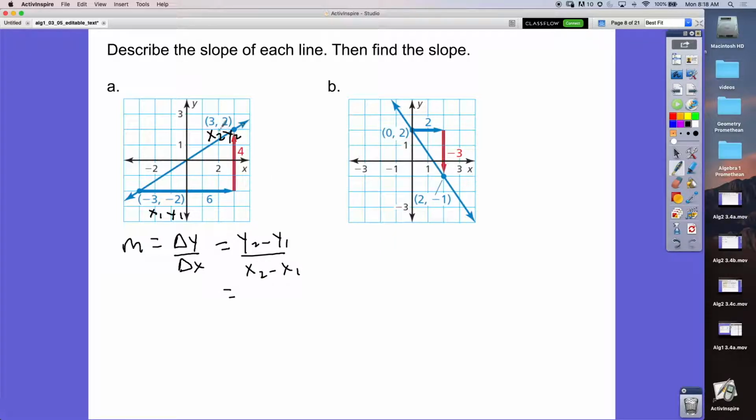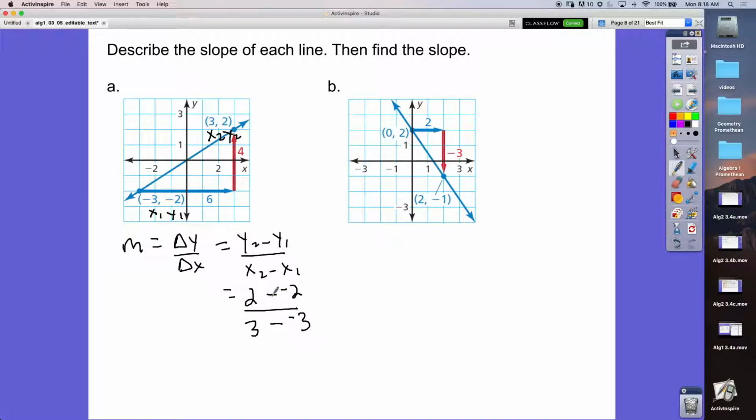Okay, so y2 is 2, and always put your minus. So I just put my minus in right away, because the mistakes I see is that y1 here is negative 2. So 2 minus negative 2. And what are we going to have to do with these two? You're going to change them to adding. Now, x2 is 3 minus x1, which is negative 3.